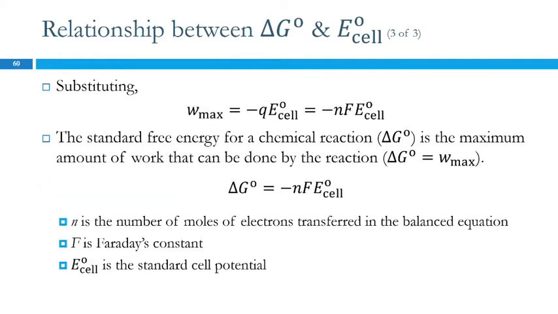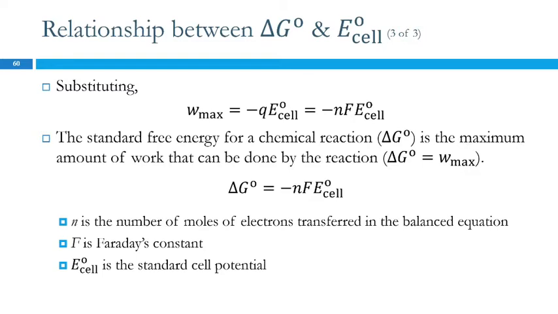So then we can substitute into our previous relationship, where maximum work is equal to negative Q times the standard cell potential. Now we determined that Q was equal to nF, so we can put that in here. So this is negative nF standard cell potential. The standard free energy for a chemical reaction is the maximum amount of work that can be done.